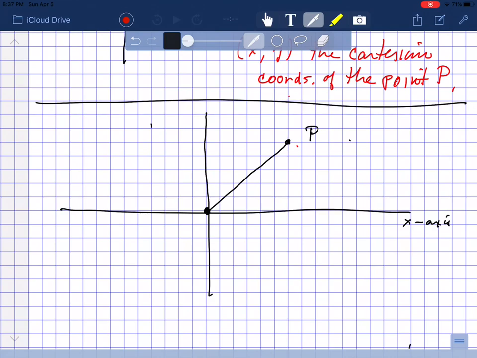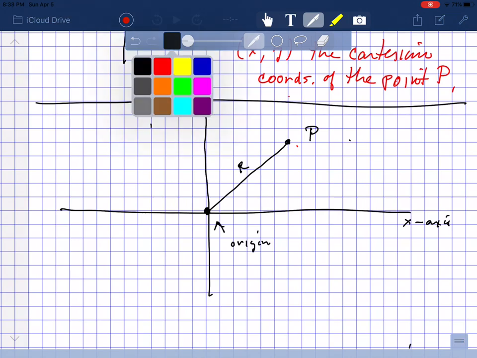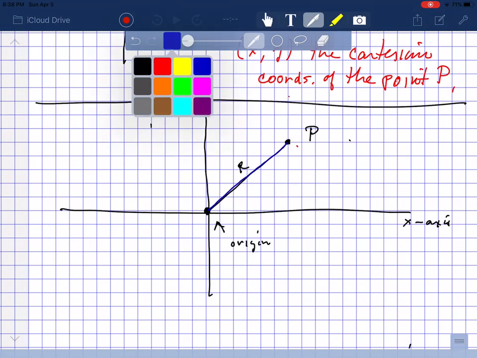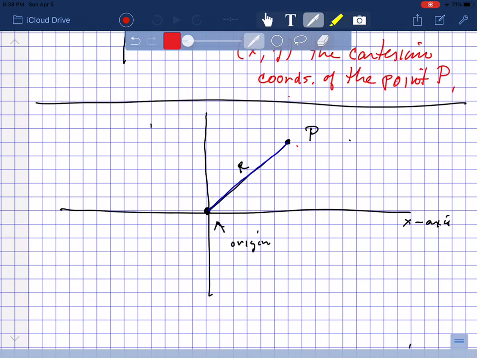What I'm going to do is measure the distance between P and the origin. Okay, so this point here, again, this is my origin. I'm going to measure this distance, and I'm going to call this r. Okay, and then I'm going to look at the angle formed by this line connecting P with the origin.